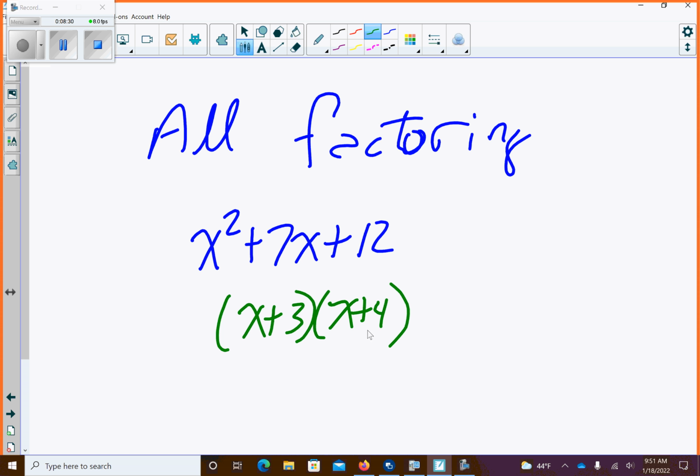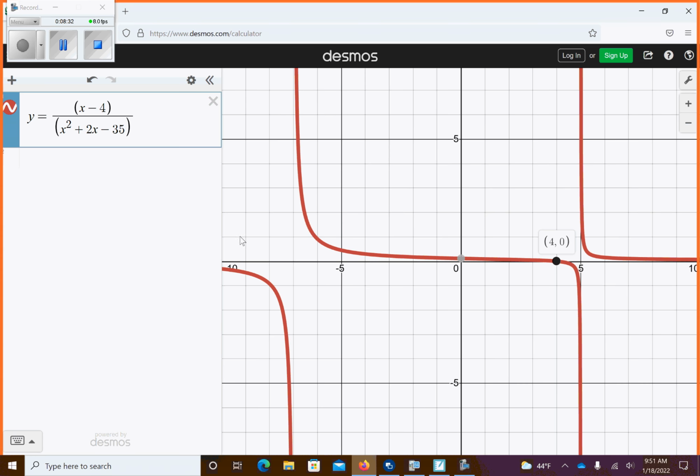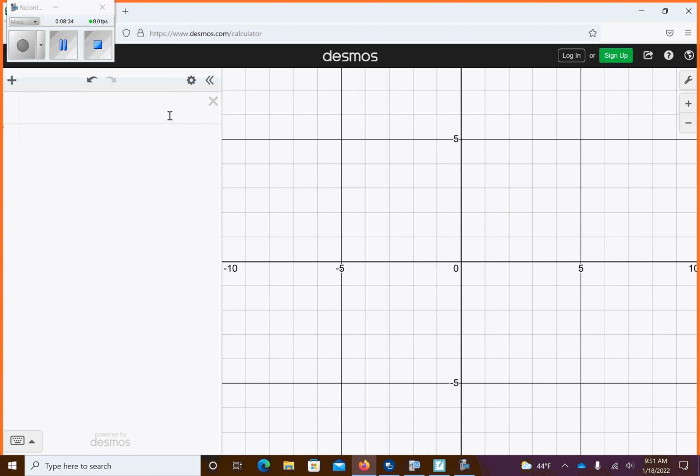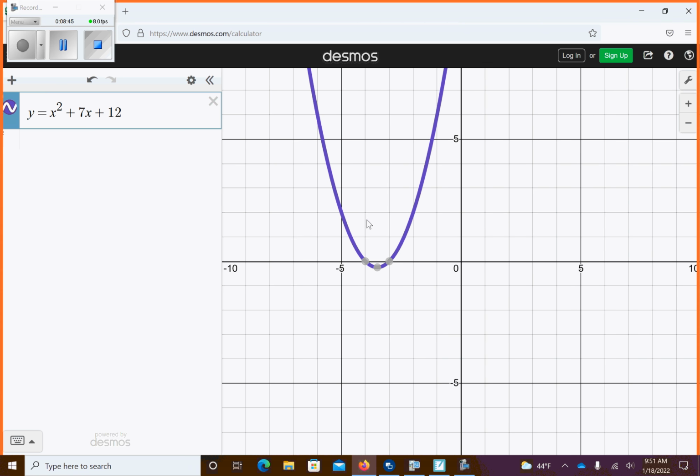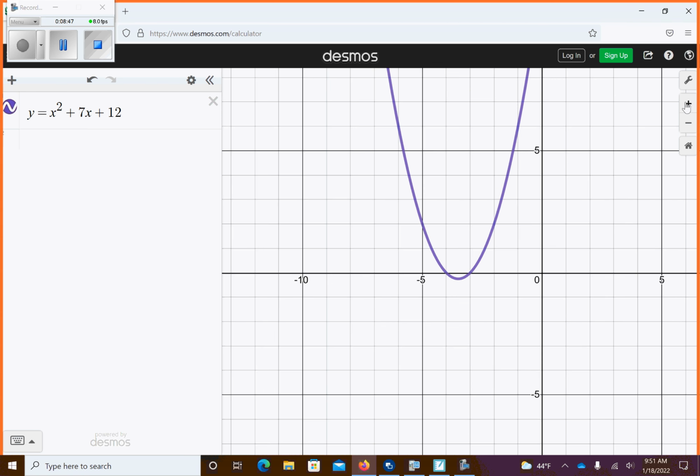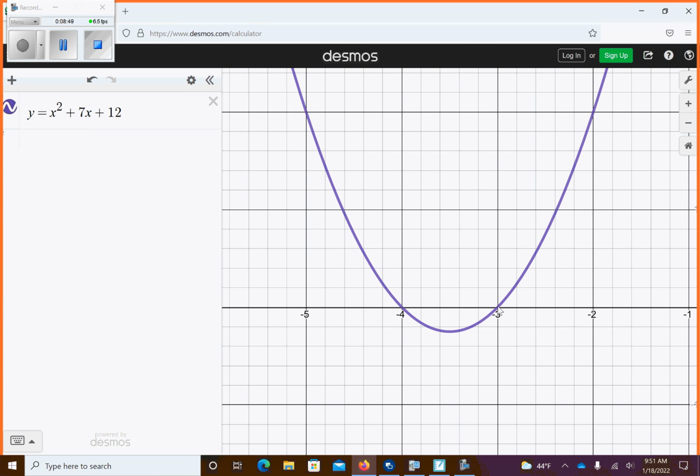So notice this is x plus 3, x plus 4. So if I plug that into Desmos, x squared plus 7x plus 12. Okay? So this region right here, notice I have here and here. So it was x plus 3 and x plus 4, but notice what the roots are. They're at -4 and -3.